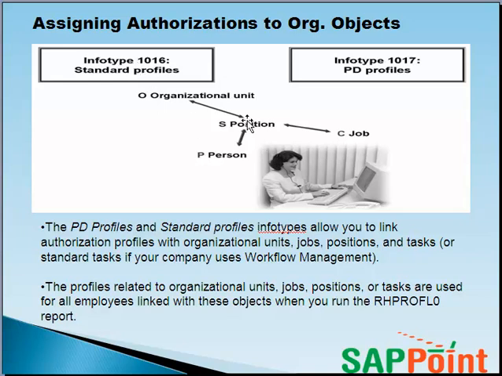So it's an indirect assignment. So using the info types 1016 and the program RHPROFL0, you can assign the standard profiles to the users indirectly, which means, let's say you link a standard profile such as SAP_ALL to the position, and the user is assigned to that position.